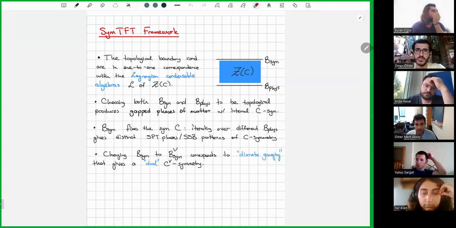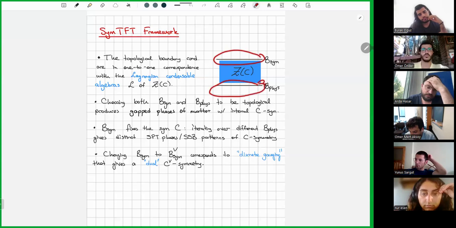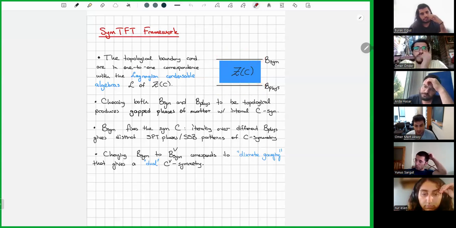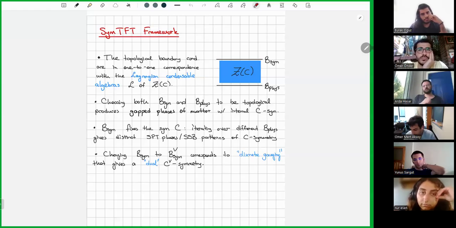Then if I choose both the top boundary to be gapped and the bottom boundary to be gapped or topological, I'm actually getting a gapped phase of matter with whatever this internal C symmetry means. Therefore, choosing different boundary conditions on the top and the bottom effectively gives me a classification of gapped phases of matter. More precisely, as I mentioned, the top boundary fixes the symmetry.